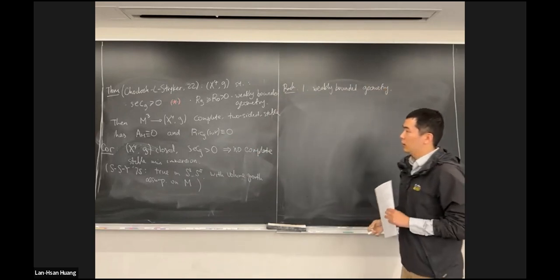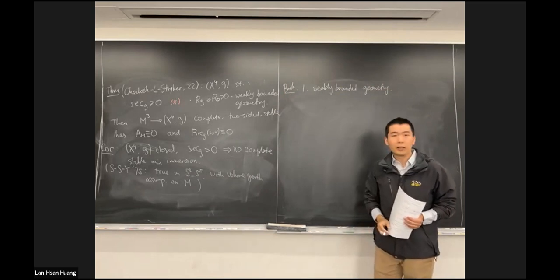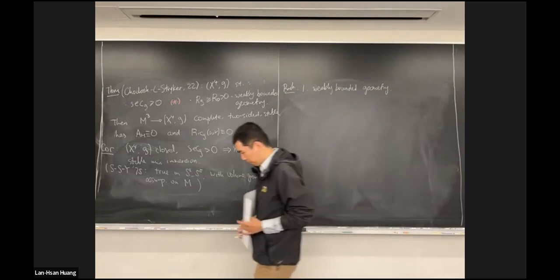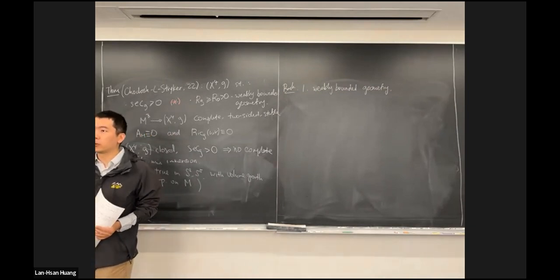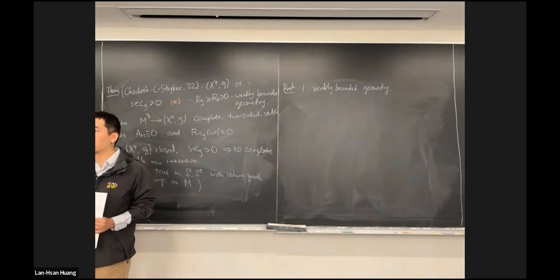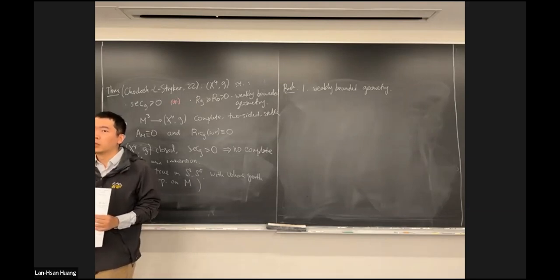Okay. Very good point. Yeah, I think that's an area that we don't quite understand. I think the only reference I have in mind is the paper by Antonio Ros, who proved that even without the two-sidedness assumption, a complete stable minimal immersion in R^3 is flat. So there's no one-sided immersion.